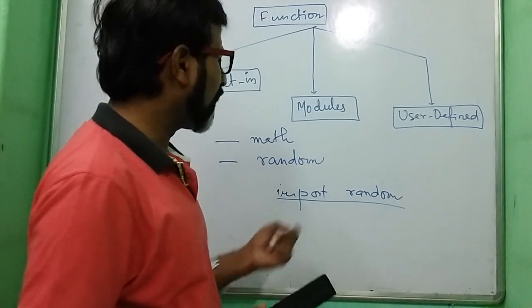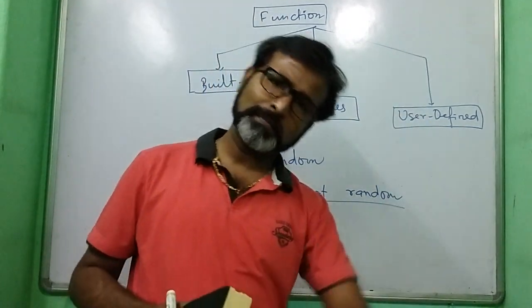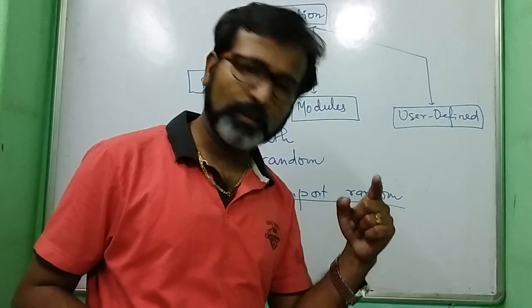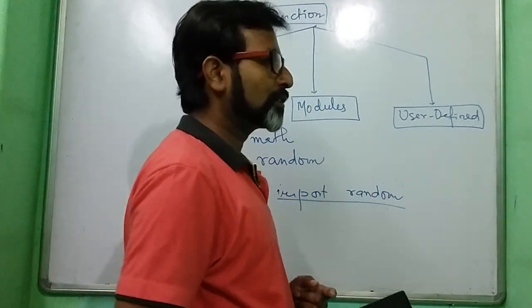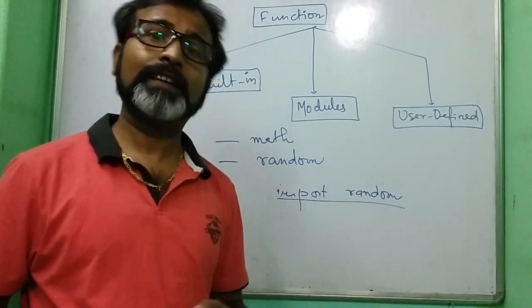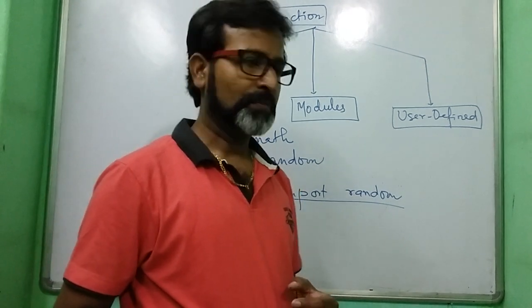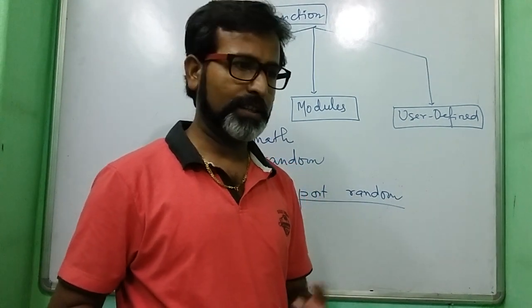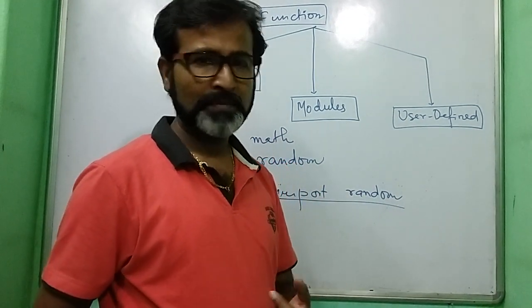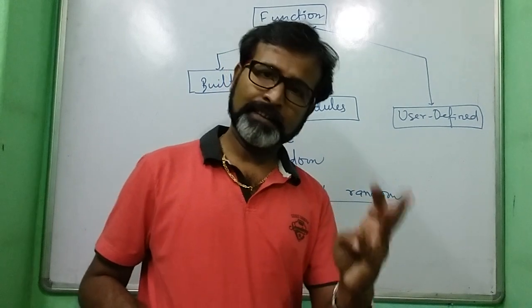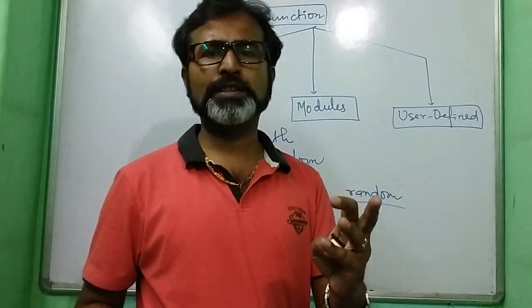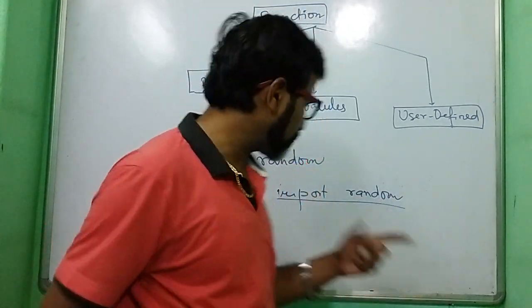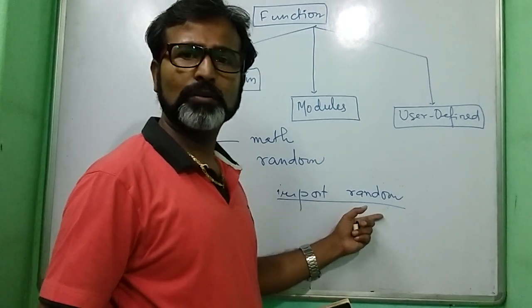Just take an example, like under random module we have a random function, we have a function called randrange, we have a function called randint, we have a function called shuffle. Shuffle we have not done in class 11, but we have done randint, randrange, random. All these three functions we have used, and all these three functions are there in the random module.